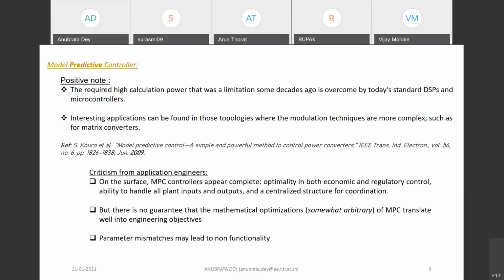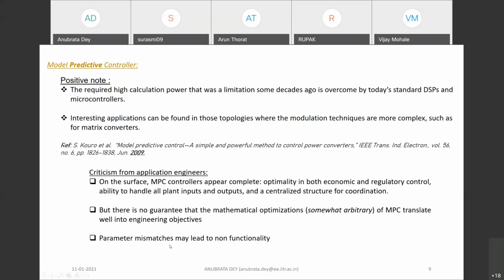The third point also talks about that: parameter mismatch may lead to non-functionality. If you know the plant very well in advance, then this might work nicely. Otherwise it may not work. Apart from all these things, it cannot control the variation of switching frequency very nicely. That is not written here, but it is another disadvantage of model predictive control.